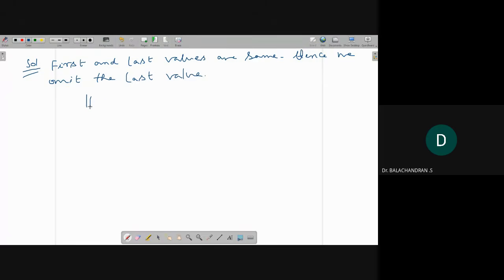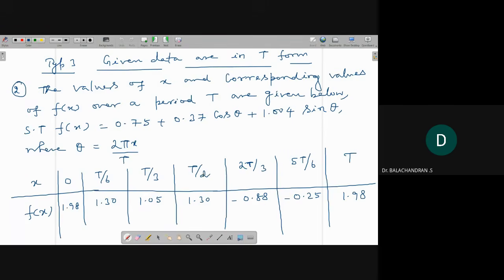What is n here? Here n is the number of ordinates: 1, 2, 3, 4, 5, 6. You can omit this one.